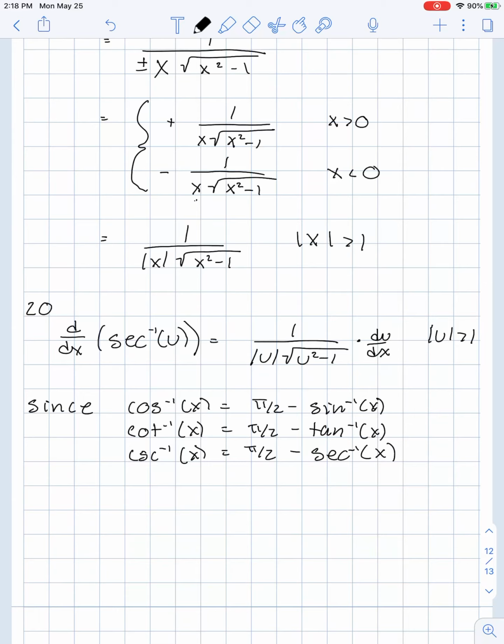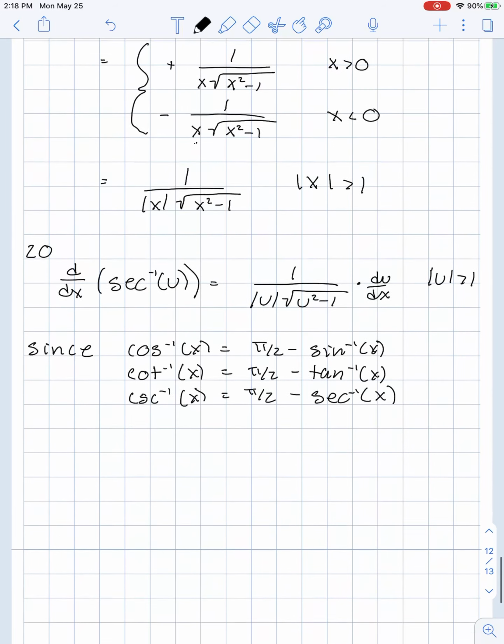Well, pi over 2 is just a number. So I know arc sine, arc tangent, and arc secant's derivatives now, I can apply that to arc cosine, arc cotangent, and arc cosecant, and I can find a derivative really easily.